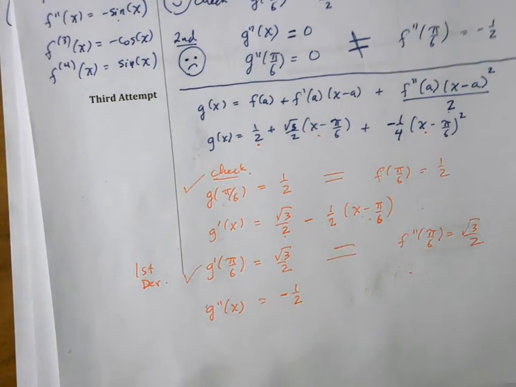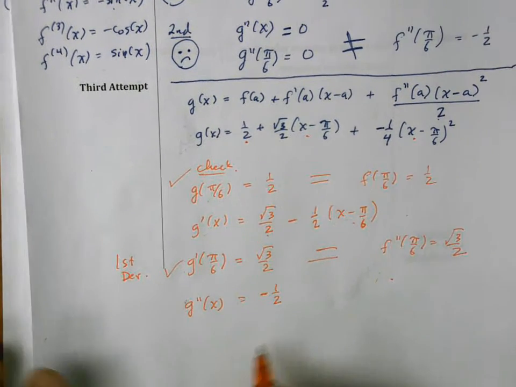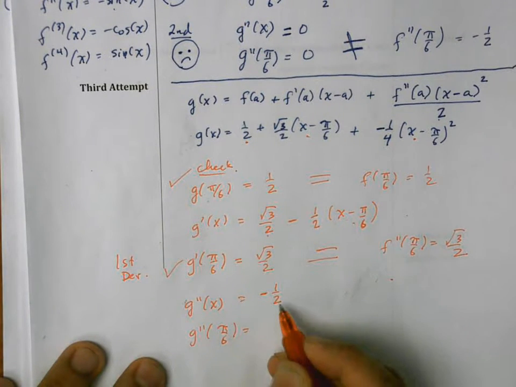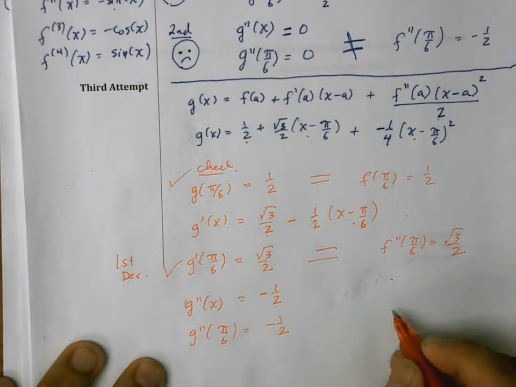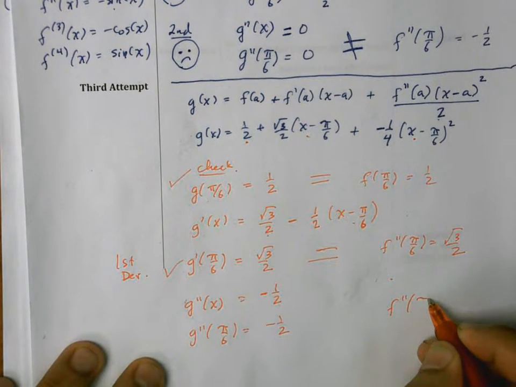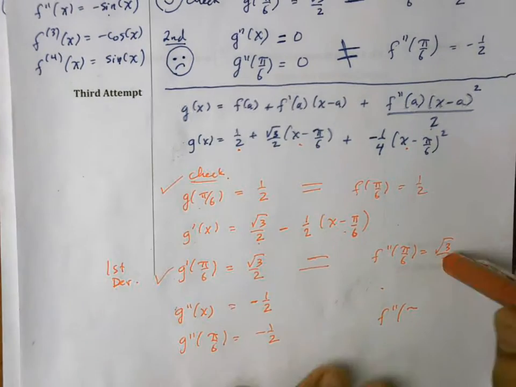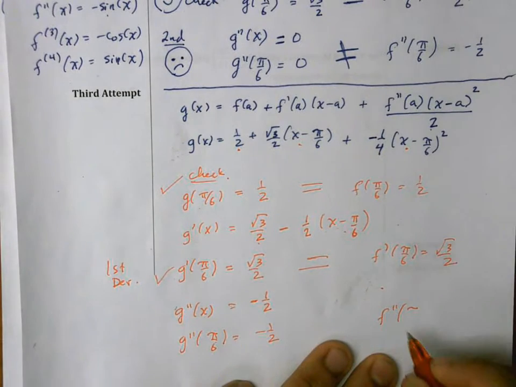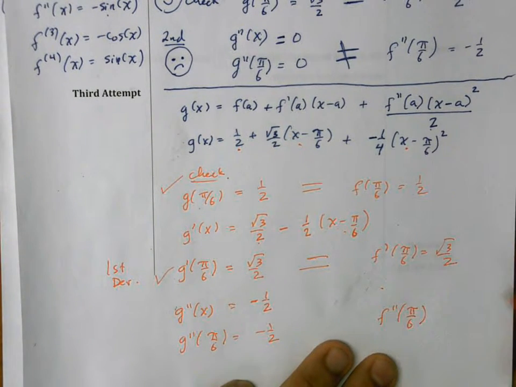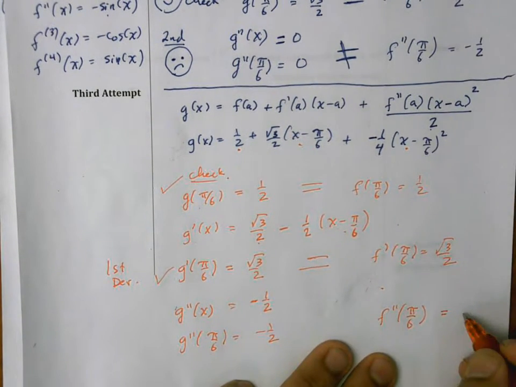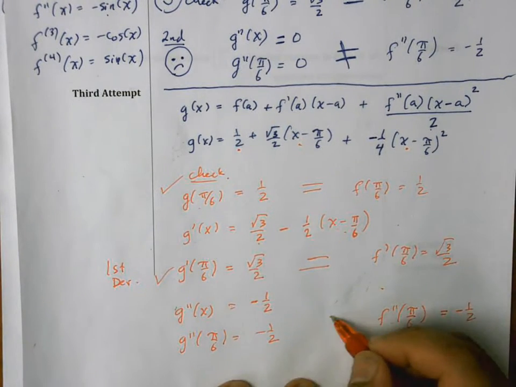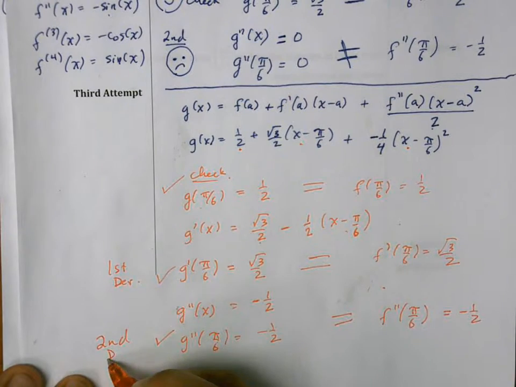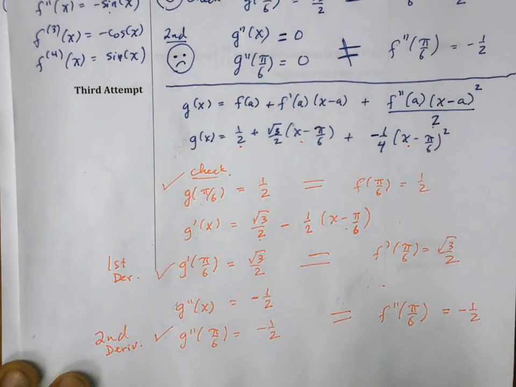So at this point we have g double prime of x is just negative 1/2. g double prime of pi over 6 is negative 1/2 as well, because it's a constant. f double prime of pi over 6 here is also equal to negative 1/2. Sorry, I wrote double prime up here earlier; it should have just been prime. So this is also equal, and we've made an improvement.